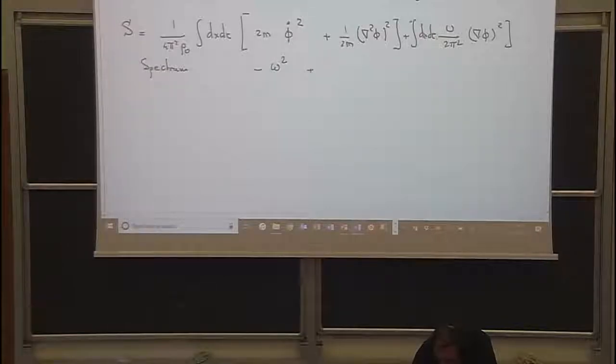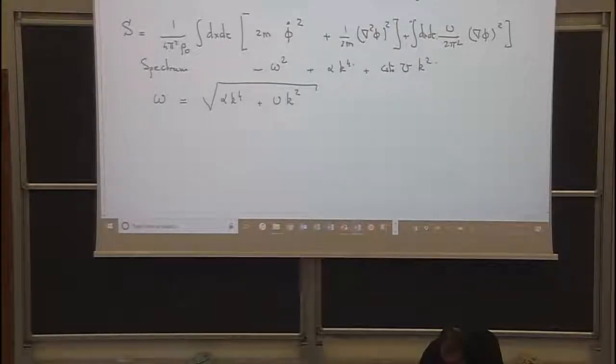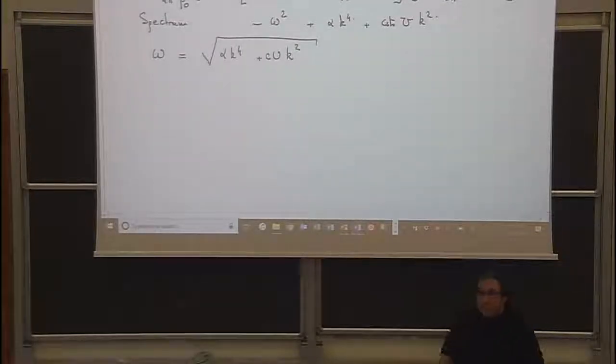I will get a term which is alpha k to the 4. And then I will get another term here, which is a constant that I'm not writing here, times u. I keep the interaction to remember. And then I will get k square here. So it means that my eigenenergies are omega equals the square root of alpha k to the 4 plus a term u k square with a constant c here. It's not the speed of light, it's just a constant.